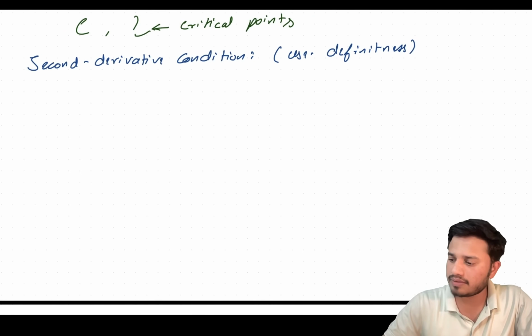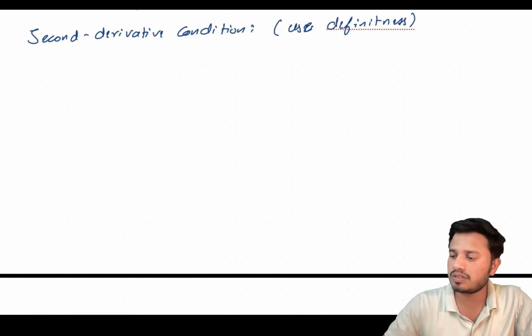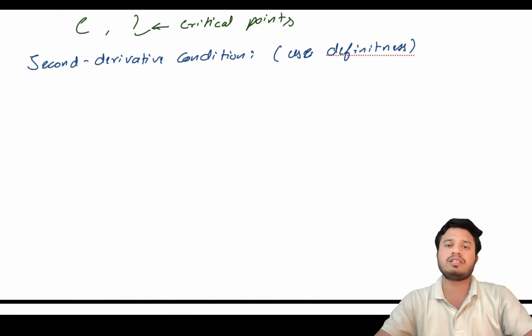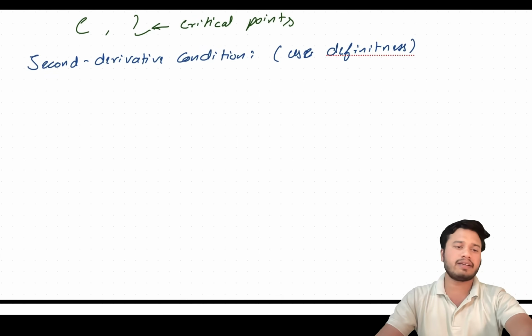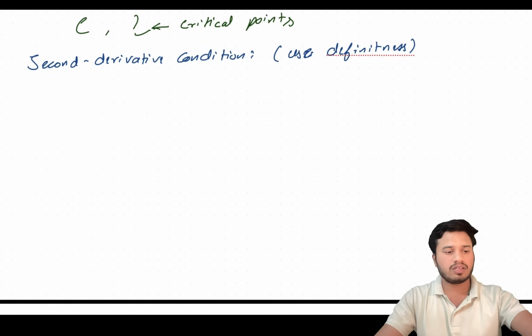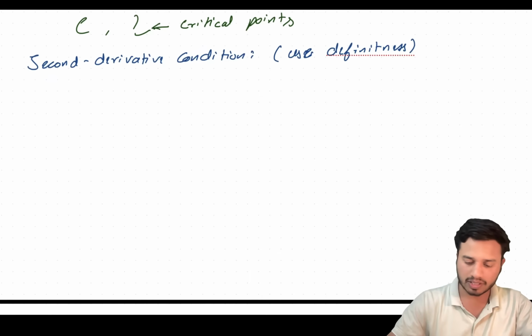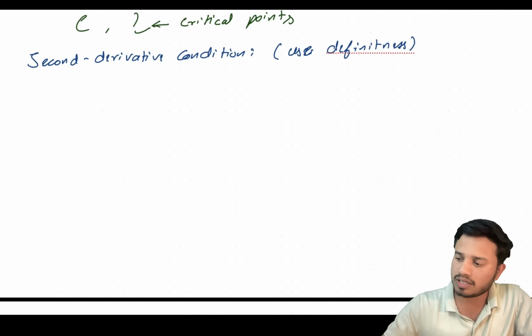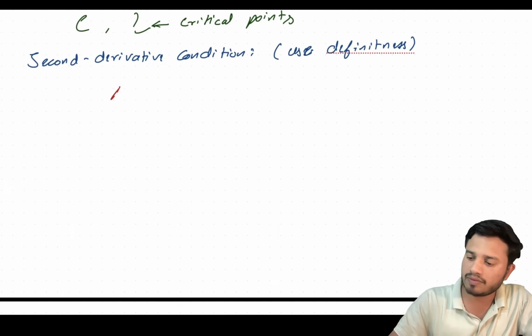I remember one day someone asked me about the criteria for finding if a symmetric matrix is positive definite. There was one criterion, the symmetric criteria. That's what I am going to use.